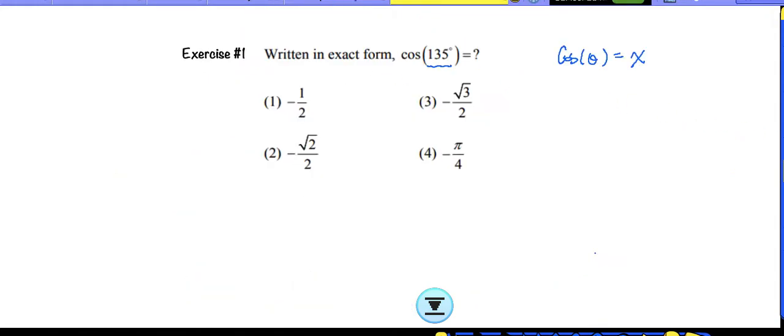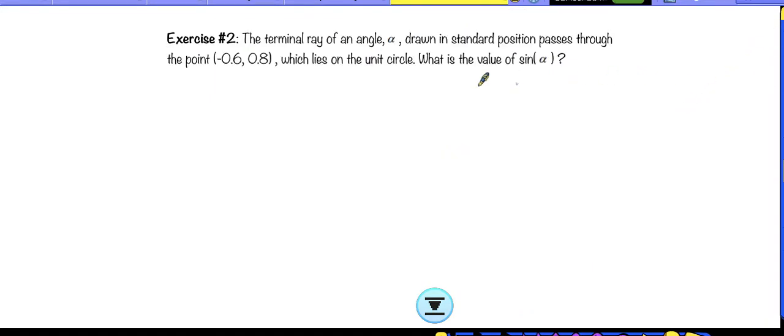Let's write down the coordinates for the next one. Okay, so these are the coordinates, and since we only use the x for the cosine, it should be this one. So which one is the answer? Okay, very straightforward, right?